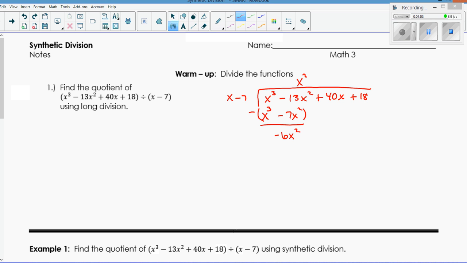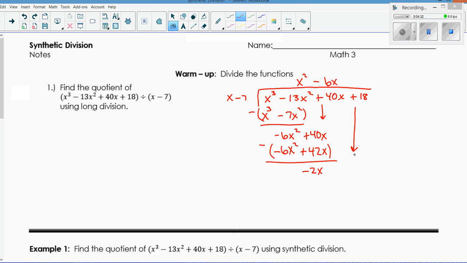Okay, I bring down my positive 40x. I need to multiply to get a negative 6x squared, so I'm going to throw a minus 6x up here. When I multiply, I get negative 6x squared plus 42x. And then remember, I want to subtract this whole thing. First terms cancel, that's good. 40 minus 42 gives me negative 2x.